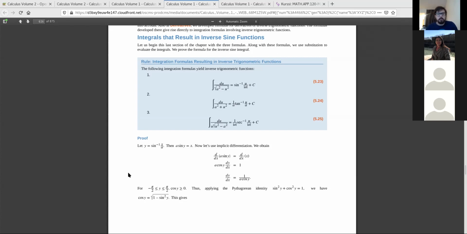So from here, if we remember that we have 1 over the square root of 1 minus u squared, right?